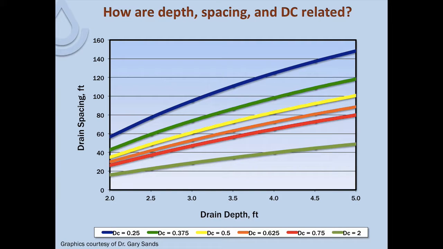And so we can work with drain depth and drain spacing to come up with a desired drainage coefficient to match what our system goals are. Again, this is also a function of the soil, and so these curves would be for one particular soil type. For a different soil type, we'd have to develop a different set of curves particular to that soil type.